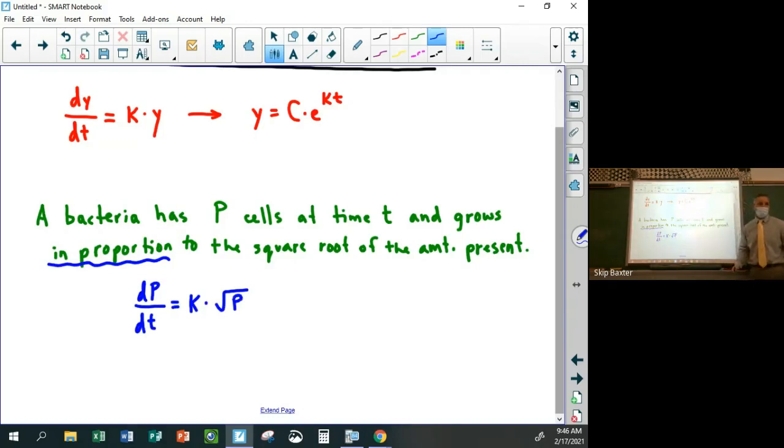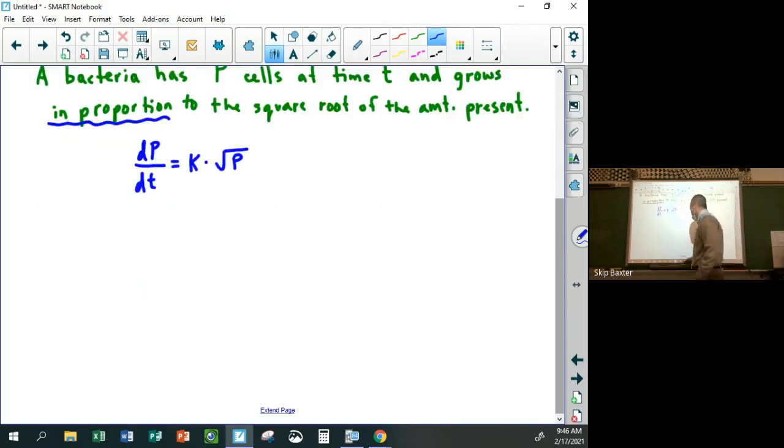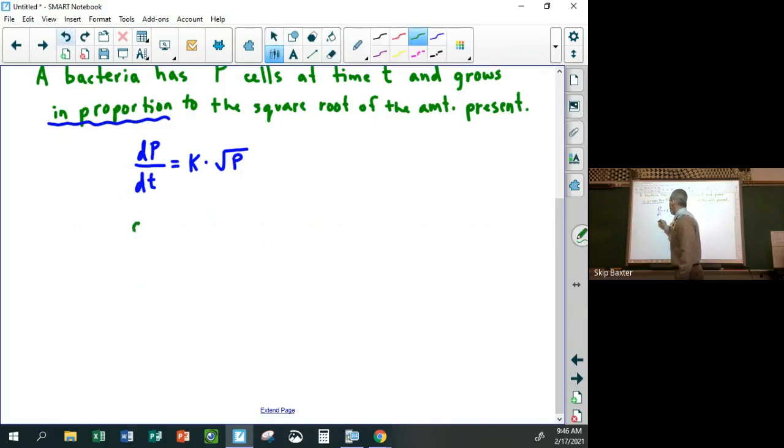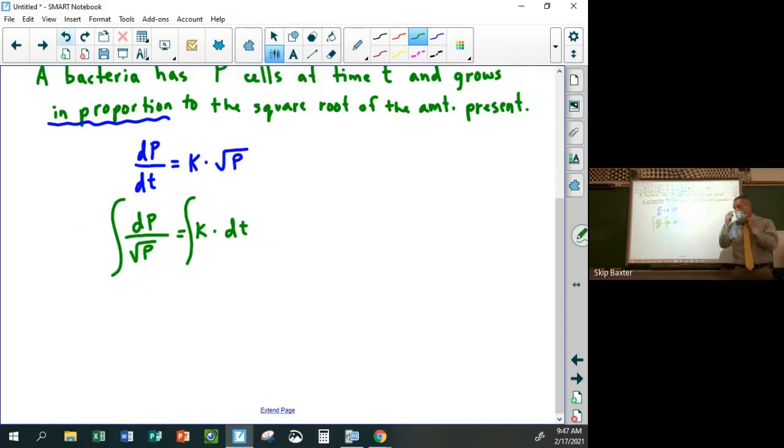And you wouldn't get an exponential equation if you solved this. First I separate the variables: dP over radical P equals k dt. Integrate both sides. On the left side I have P to the negative 1/2, so its integral would be P to the positive 1/2 times 2, equals kt plus c.